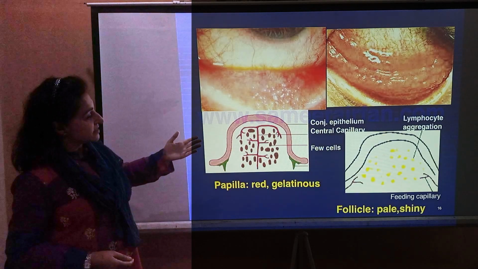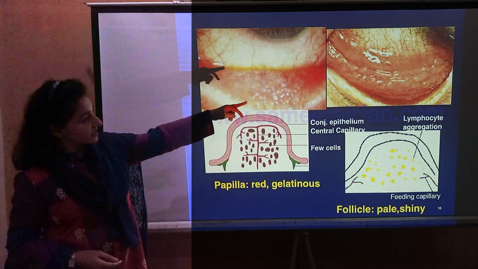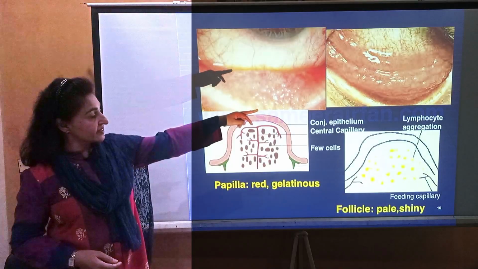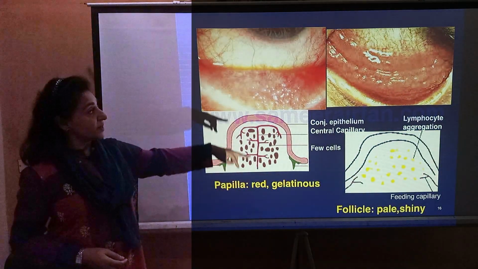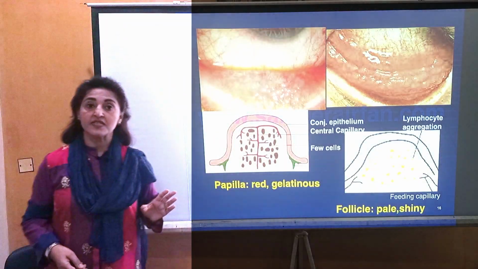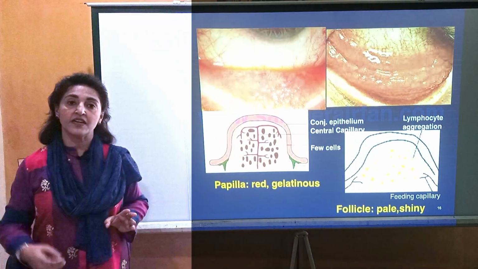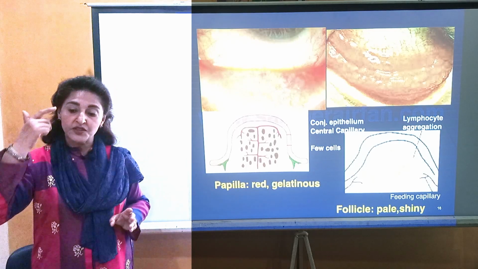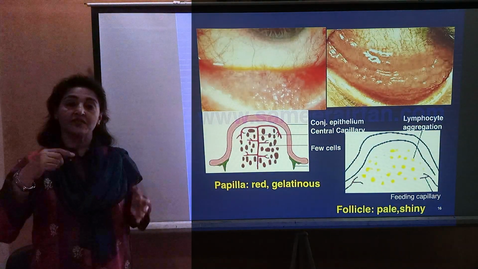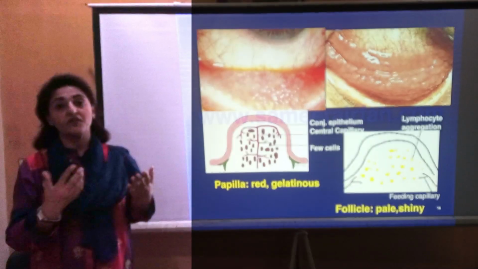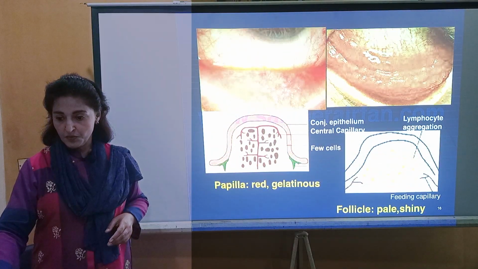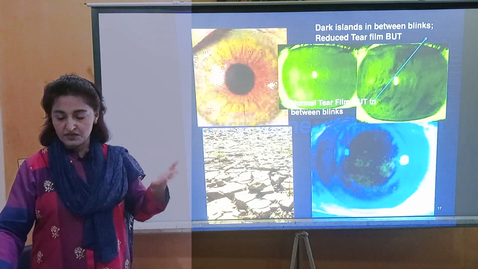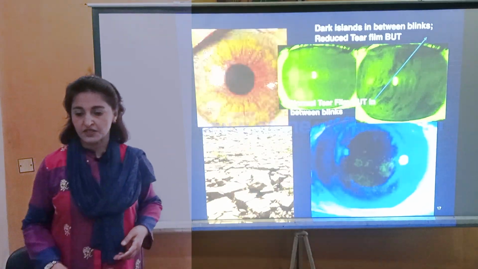And if these follicles are present in the lower conjunctival fornix, they indicate either a drug allergy or drug toxicity. But if they are especially present in the upper tarsal conjunctiva, when you invert the lid and look at it, they are pathognomonic of adenoviral infection or herpes. So it's important to look at the upper tarsal as well as the lower tarsal conjunctiva.